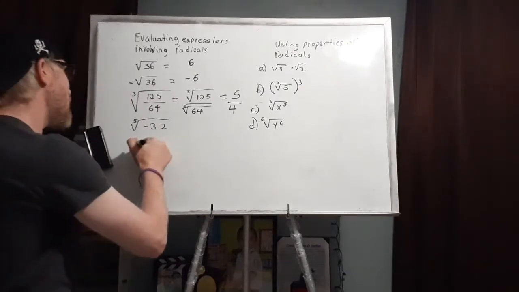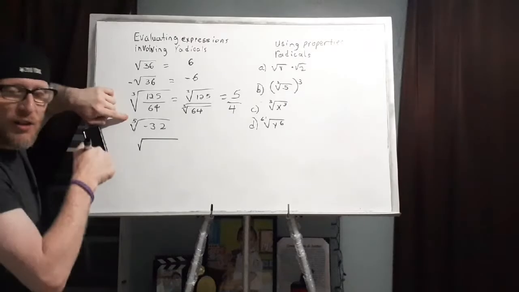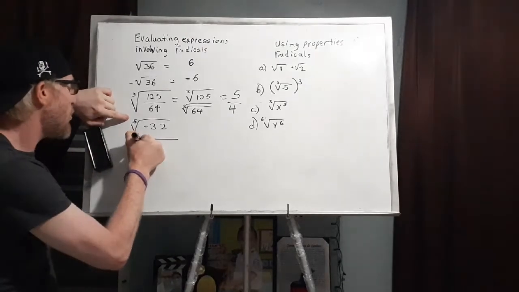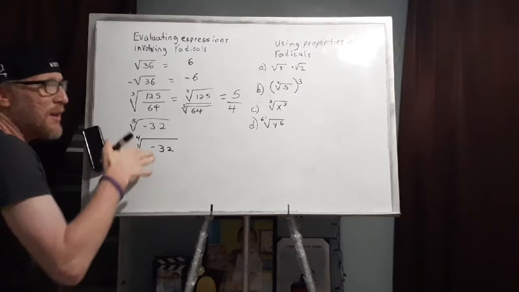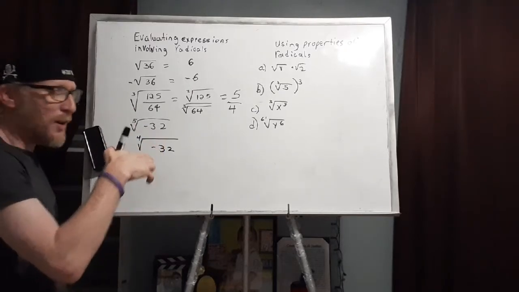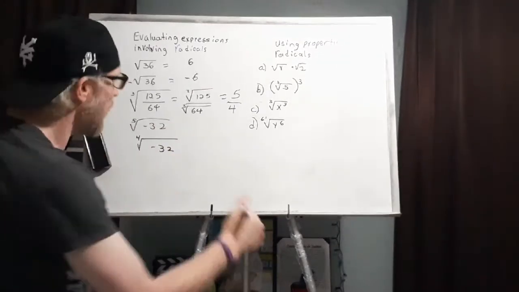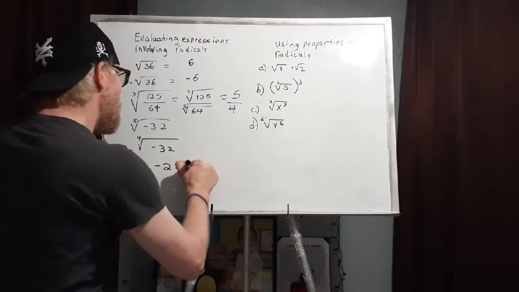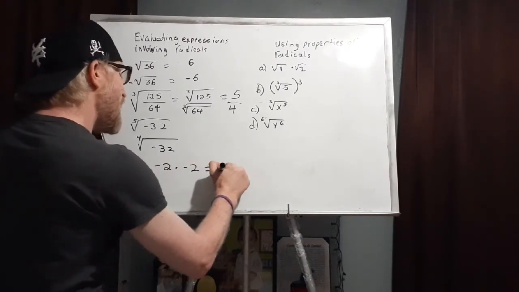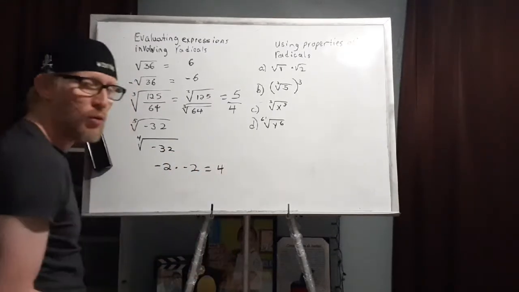Now I want to explain something. Sometimes you have odd indices on the radical sign, and sometimes you'll have even indices on the radical sign. They're the same number, but this one has an answer and this one does not have a real answer, and this is the reason why. Never will you be able to multiply a negative number by itself and get a negative answer. For example, negative 2 times negative 2 will always equal positive 4.